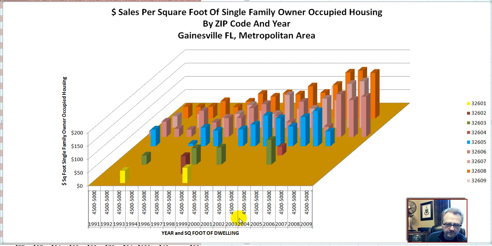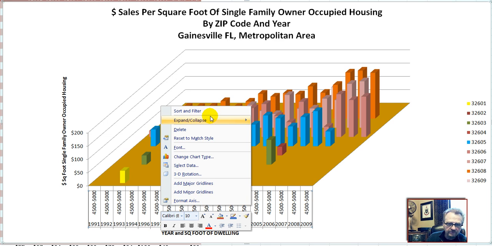And for houses 4,500 to 5,000 square feet, the submarkets that appear to be in are 32608 again, 32607, which is far northwesterly Gainesville. Here we have some in 32605, but it's rather erratic. It's probably due to a small number of sales per year.